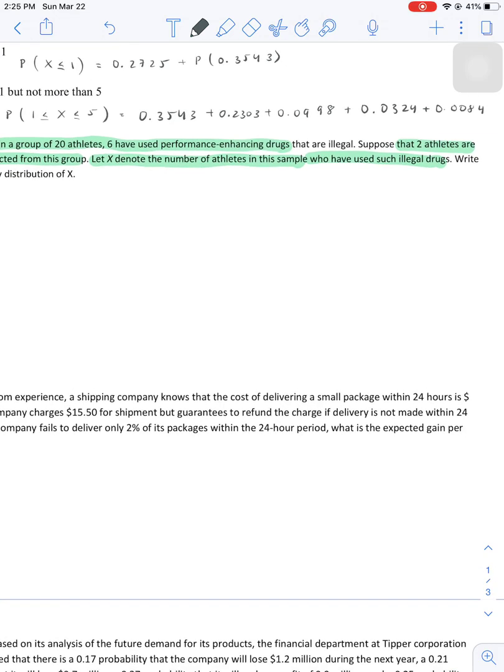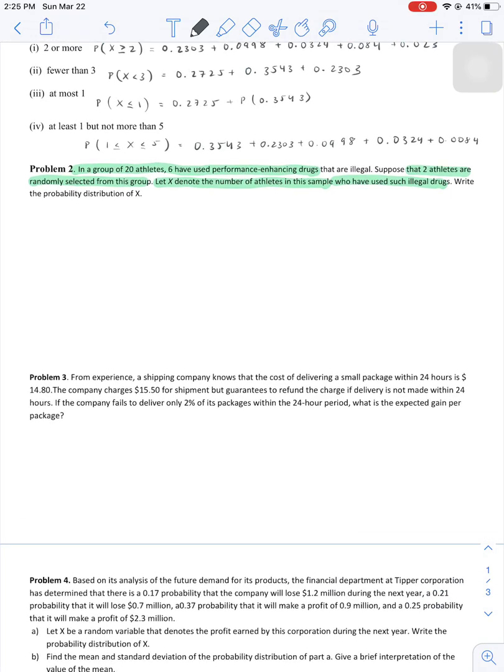Now, when we say that we want to write the probability distribution, that means that we just want a table where one column is the values that our random variable takes, and the second column is the probability that x takes that value. So we have 2 athletes in our sample, and x is the number out of those 2 that have used the performance-enhancing drugs.